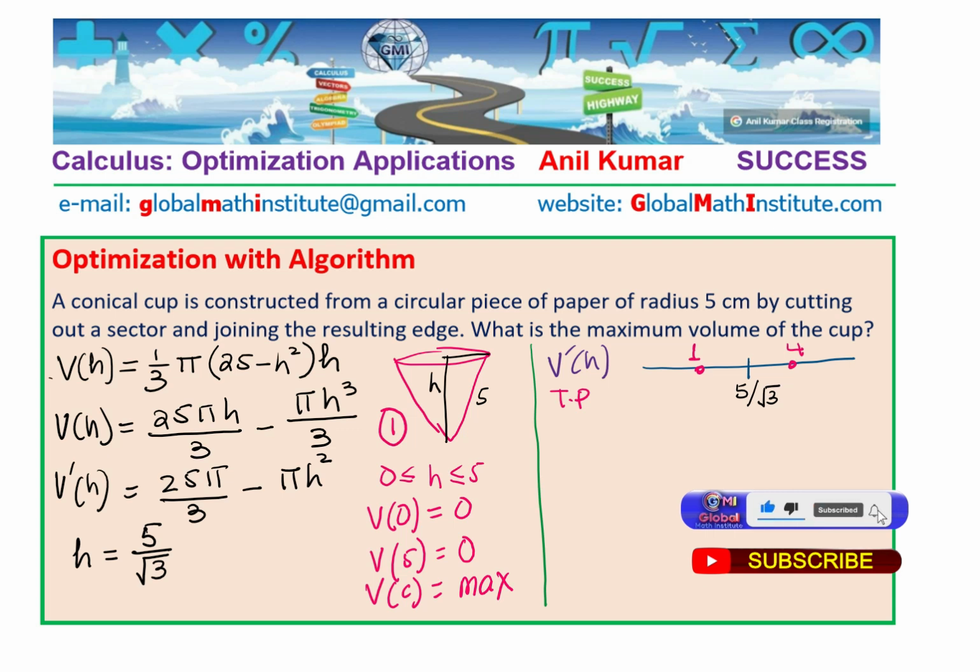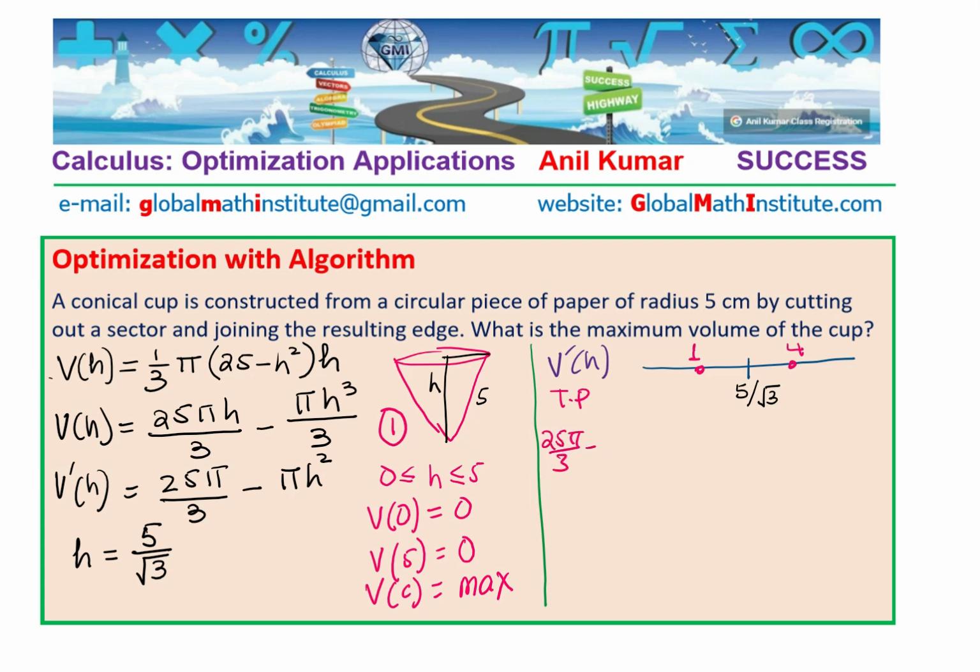Now once you have these points, plug the points into the derivative. The derivative is 25 pi by 3 minus pi h square.